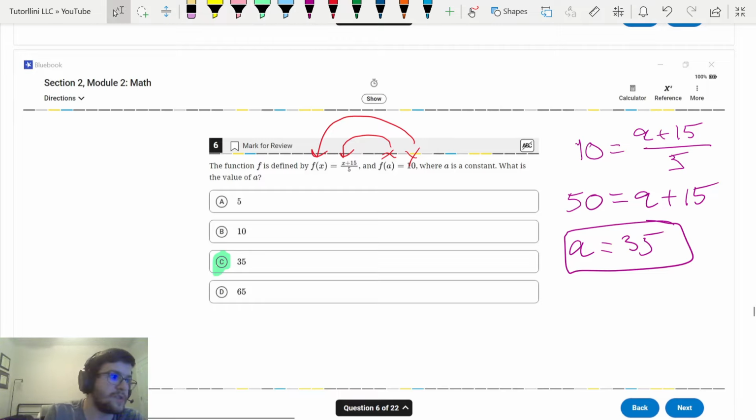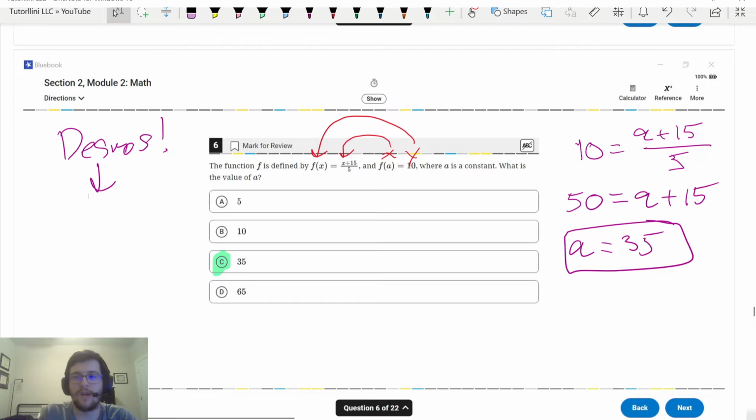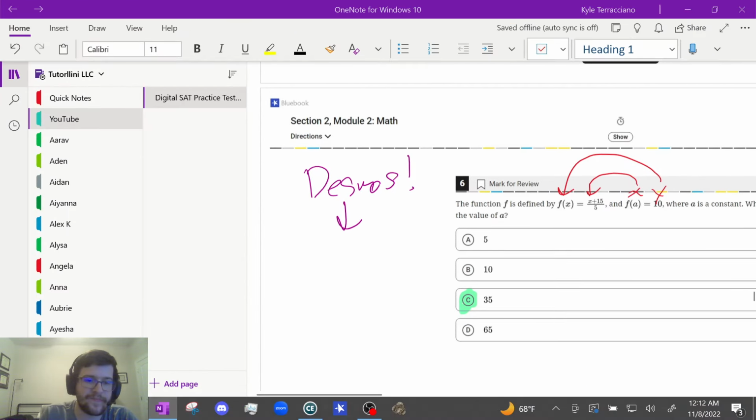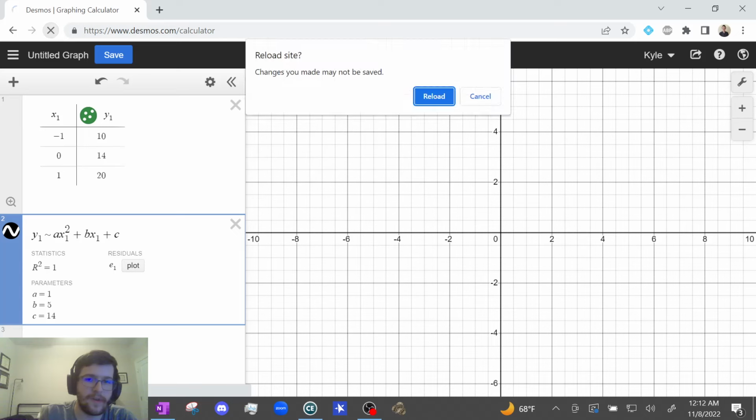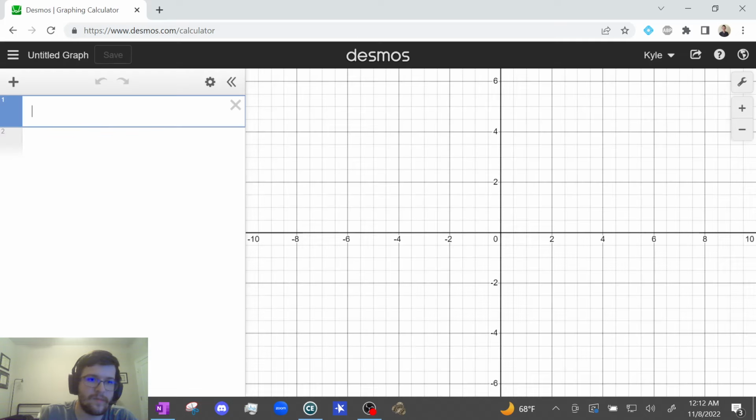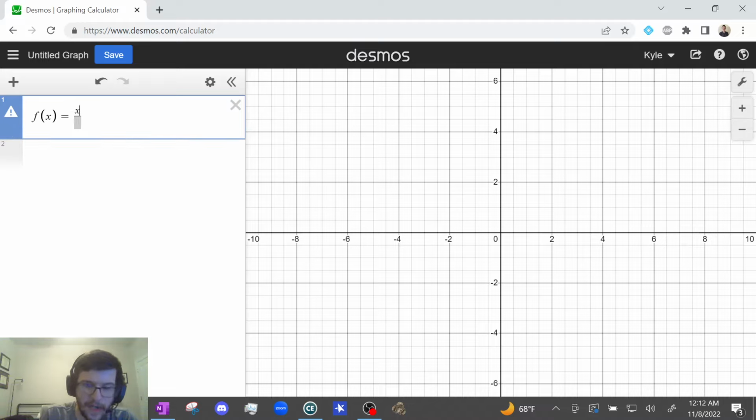And we could do this on Desmos. It's probably not that much easier, but let's say you just weren't seeing what to do. So f of x equals, type in the fraction bar first, x plus 15 over 5.